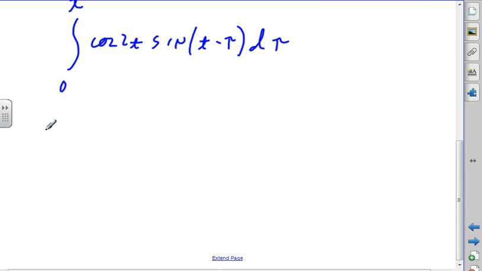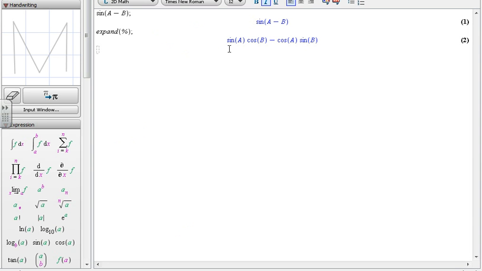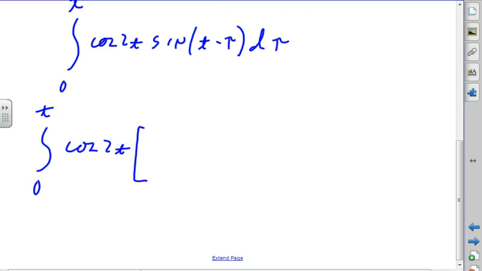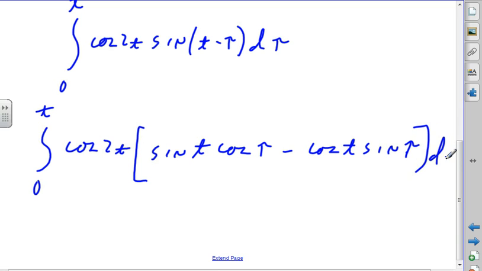Okay, so I'm going to go integral 0 to t cosine 2t, and then I recognize t minus tau being the same sine guy, so I'm going to have sine cosine minus cosine sine. Okay, so that'd be sine t cosine tau minus cosine t sine tau d tau. Okay, that shouldn't be too bad.